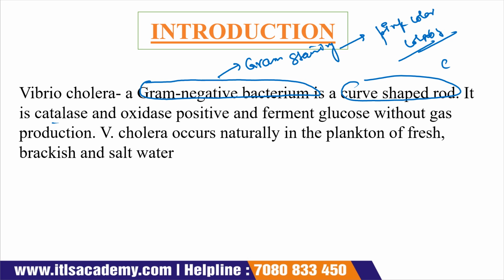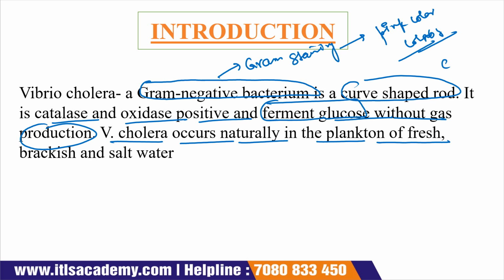It is catalase and oxidase positive, and ferments glucose without gas production. So they give a positive catalase test, a positive oxidase test, and also ferment glucose without the production of gas. Vibrio cholerae occurs naturally in the plankton of fresh, brackish, and salt water.